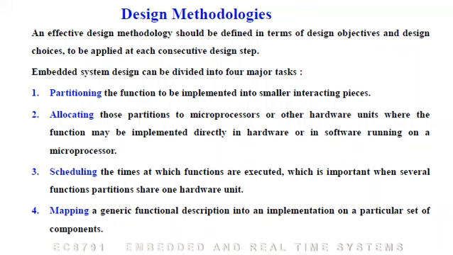Third point, scheduling: scheduling the times at which functions are executed, which is important when several function partitions share one hardware unit. Fourth one, mapping: mapping a generic functional description into an implementation on a particular set of components.